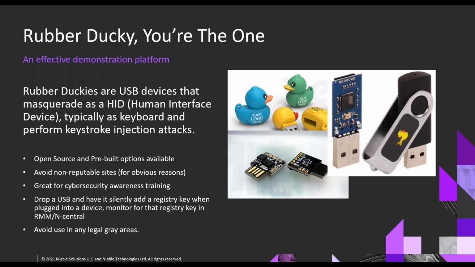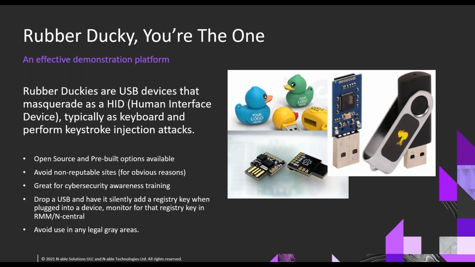With RMM and N-central, if you're using EDR, that has that function built right into it. You can go use the device control to block external USB mass storage drives across the board based on the class, and then you can go back and block, and then allow on specific serial IDs. You could do the same thing with human interface devices here.